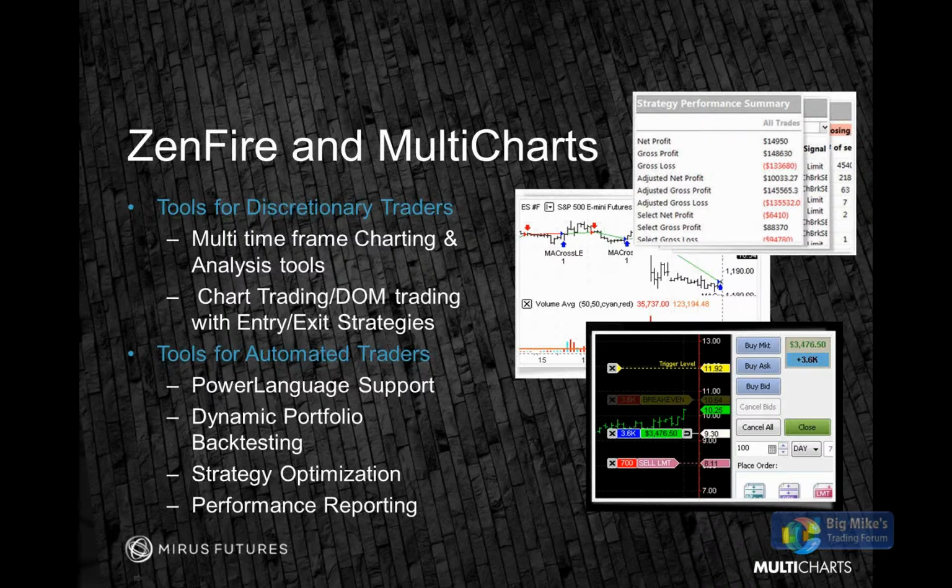ZenFire collaborated with Rhythmic in 2004 to design and develop software that would integrate with the ZenFire network solution. ZenFire really specializes in building and maintaining global networks used for exchange connectivity.